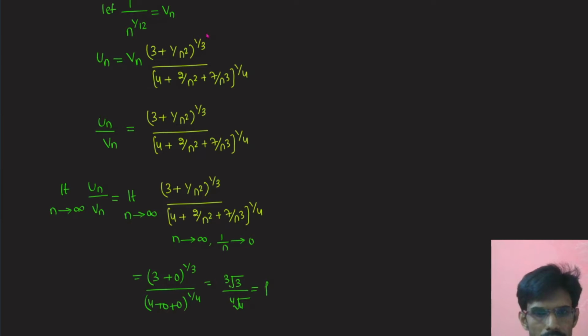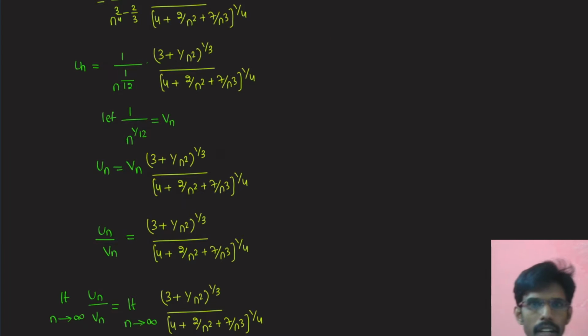That is a finite, non-zero number. So here we have this n term, that is Vn.